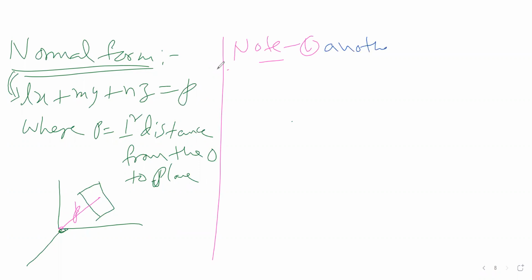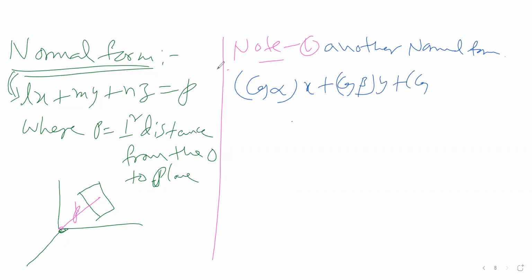Since the elements are nothing but the direction cosines, I may write it as cos alpha into x plus cos beta into y plus cos gamma into z equals p.